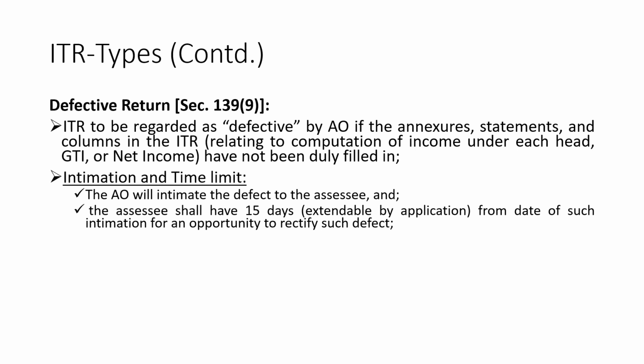The assessing officer, upon the discovery of any defect, will intimate the fact to the assessee, and the assessee shall be given an opportunity to rectify such defect within a period of 15 days starting from the date on which the intimation was given by the assessing officer.